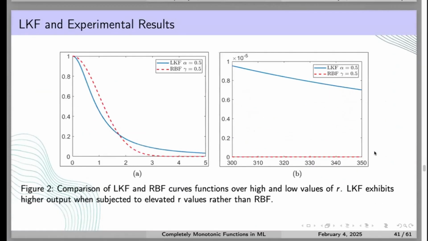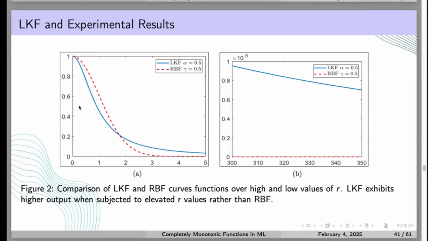Here are the graphs of LKF and RBF for the part near 0 and near infinity. We want the kernel to decrease very quickly near 0, and we see that LKF can compete with RBF. Of course, this graph does not show that it is always faster than RBF, because it changes according to the parameters here.